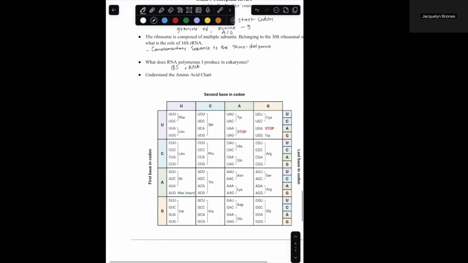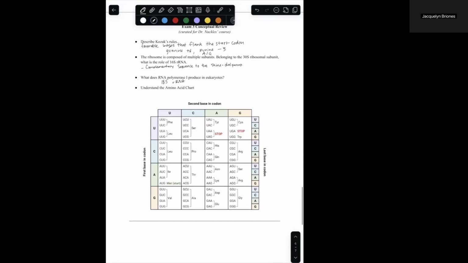Okay, last but not least, know your amino acid chart because you will use it later. Like you use this in biochem again. So just look at your labels: first base, second base, last base.